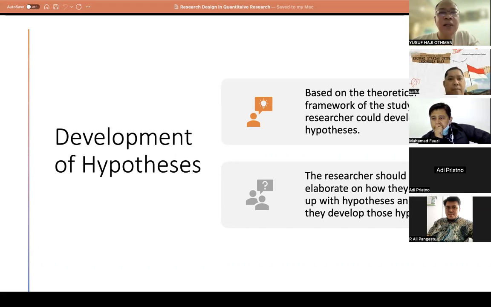Then we go out and collect the data, and then we analyze the data, and we will come to a conclusion based on the evidence, whether the data or the evidence support or reject the hypothesis that we developed.